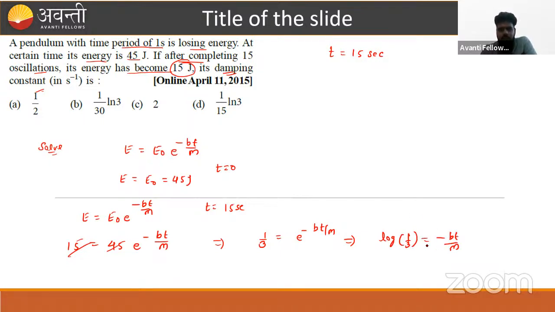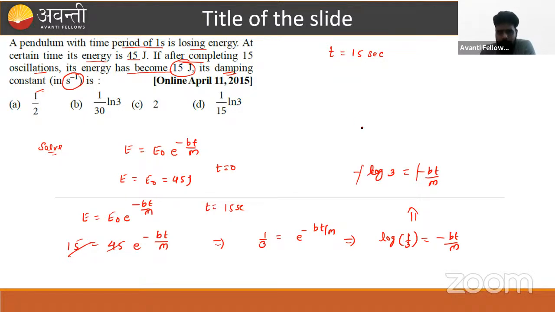If we convert it using the logarithmic property, in order to remove the negative sign, this will equal minus log 3 equal to minus Bt upon m. Minus minus cancel out. We have to find the damping constant. The unit of B is actually kg per second, but here second inverse is given, which means we have to consider mass 1.